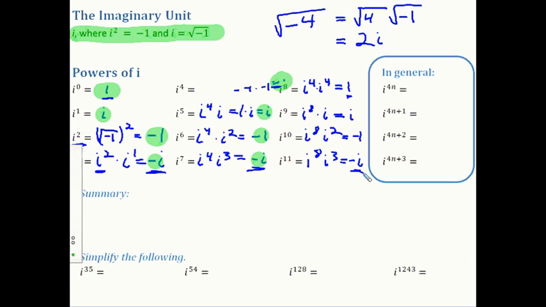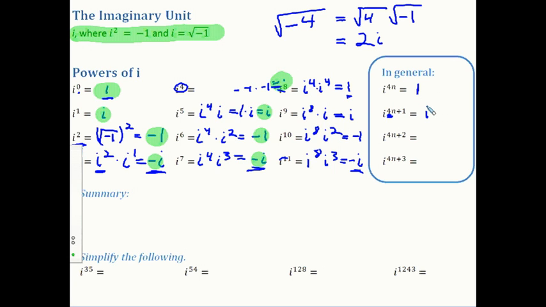So hopefully you see a pattern here. Anytime you have a multiple of 4, here we have 0, 4, 8, we could have i to the 12th, i to the 16th, anytime it's a multiple of 4, this is just going to be equal to 1. Anytime it's 1 more than that, it's i.